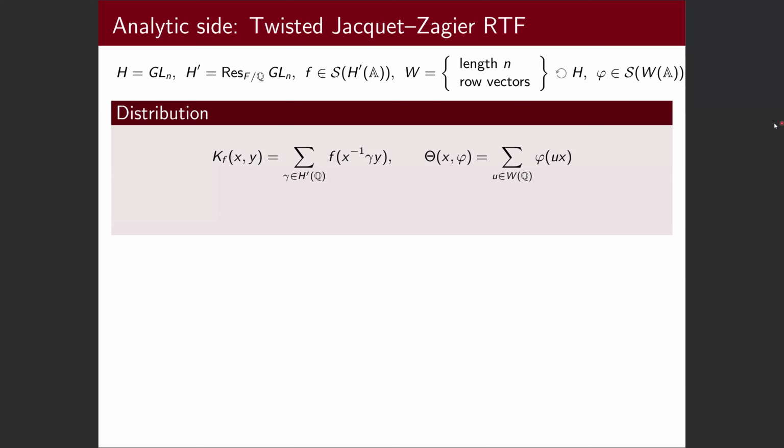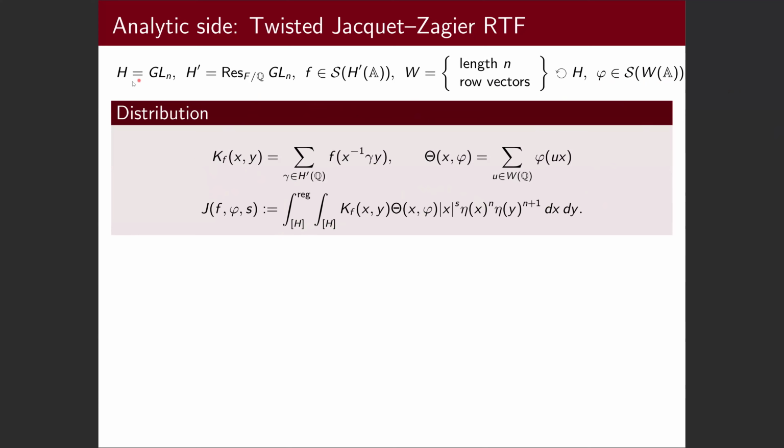Okay, now associated to all these test functions, there's the standard automorphic kernel. On the left-hand side, I have the standard automorphic kernel K_f. On the right-hand side, I have a theta series associated with this test function on this affine space. Now I can say more precisely what this distribution giving rise to the trace formula is.